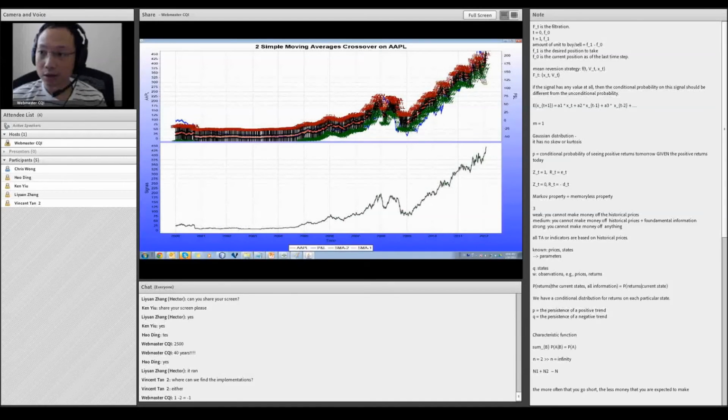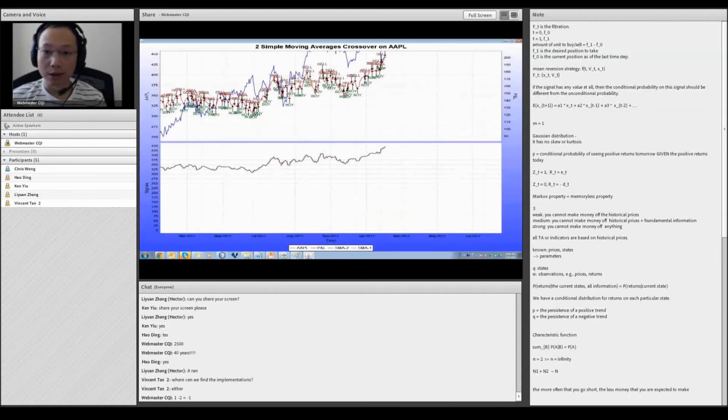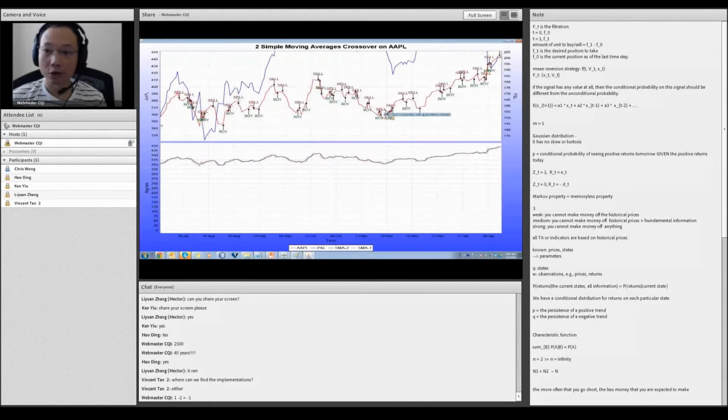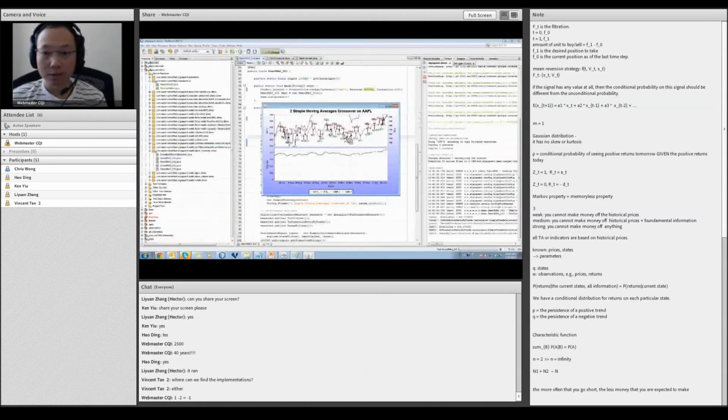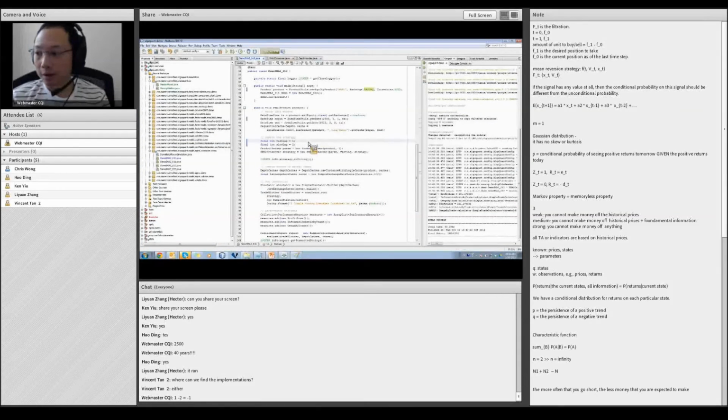Basically, you want to understand whether our theory is correct or not, because our theory tells us this should not be too big. So you try different numbers. You compare 1, 2 versus 1, 20, and then versus 1, 250, to see how the P&L performs for different stocks. The idea is that you need to have experiment to confirm the theory that we discussed yesterday. Okay, so here's the software for you to play around.